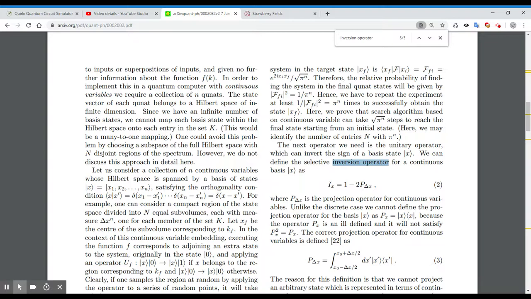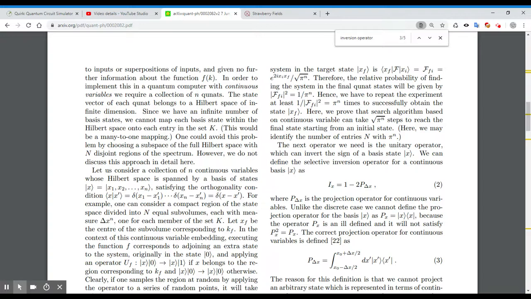Okay, so that's the inversion operator. The next operator we need is a unitary operator that can invert the sign of a basis state x. We can define the selective inversion operator for a continuous basis like that.